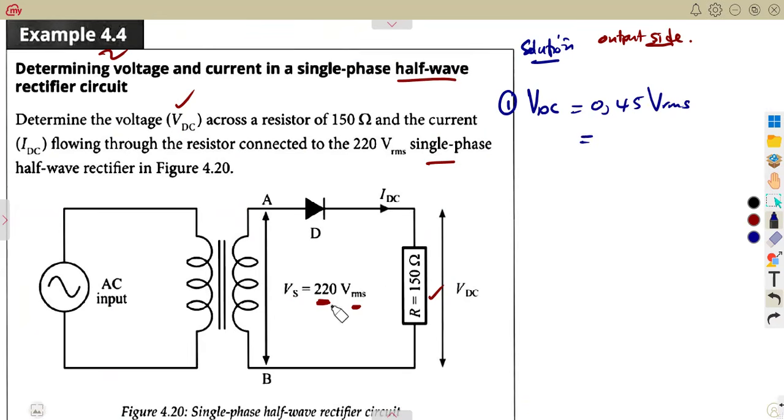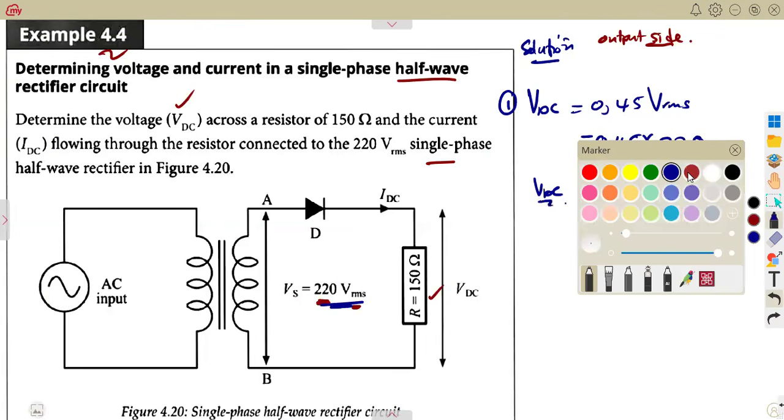Because the RMS value is given, that is 0.45 times 220, which gives us 99 volts as our VDC.